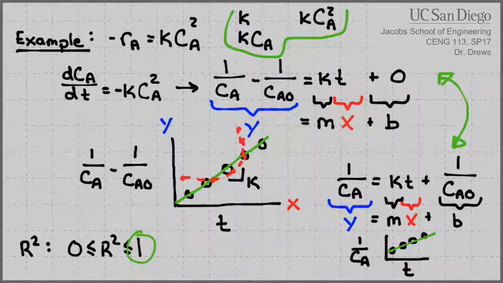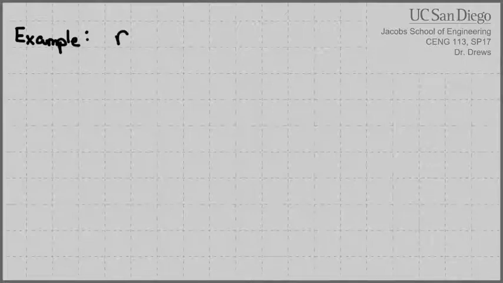These are all great if you can make a linear form for your rate law. An awful lot of rate laws don't have a linear form after you integrate your material balance. For example, the last one that you're going to have to do in your homework is if your rate law is kCa raised to an unknown power alpha.